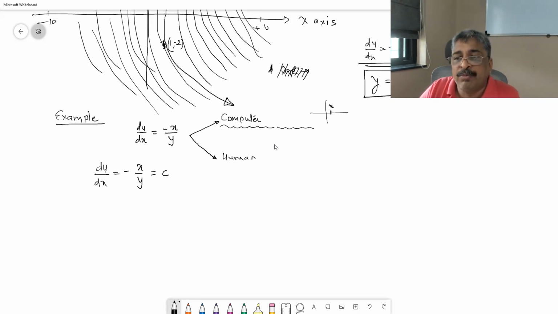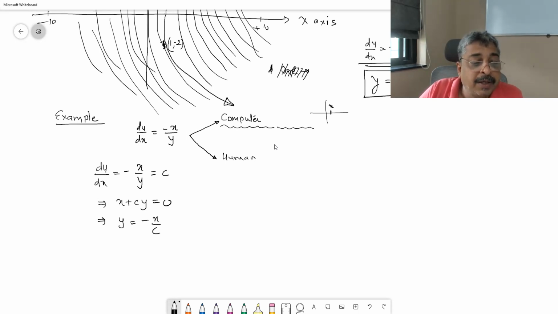It is the value of the slope, and therefore I get a relationship x + cy = 0, or if you want the equation of the straight line, y = -x/c.